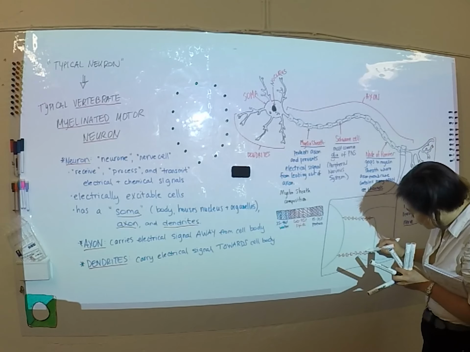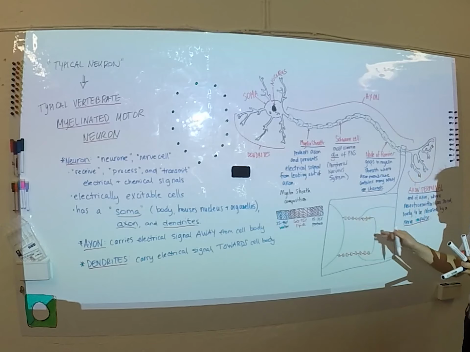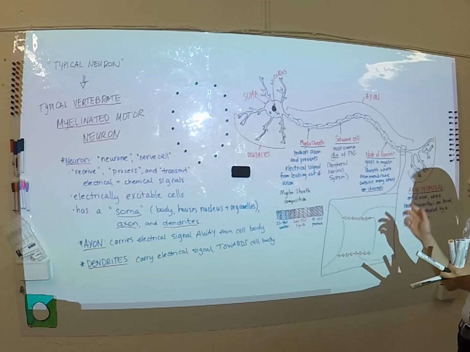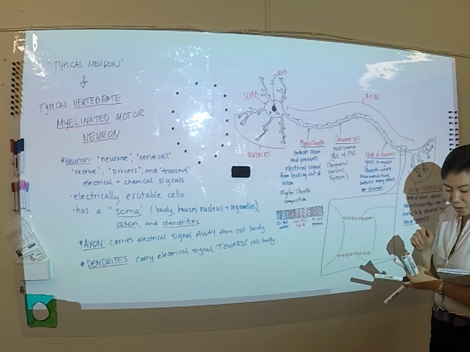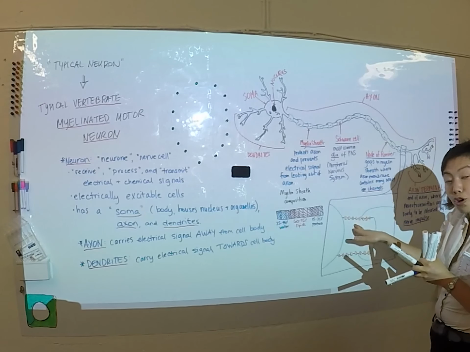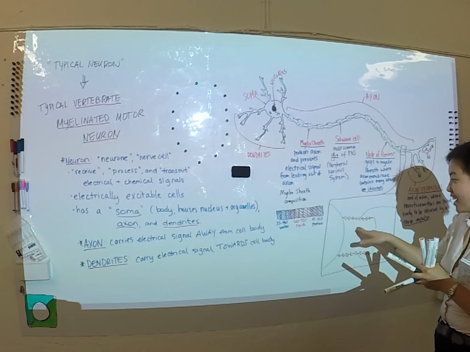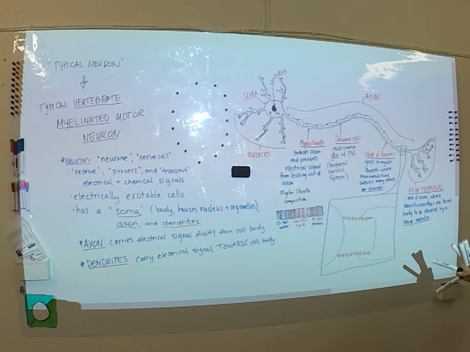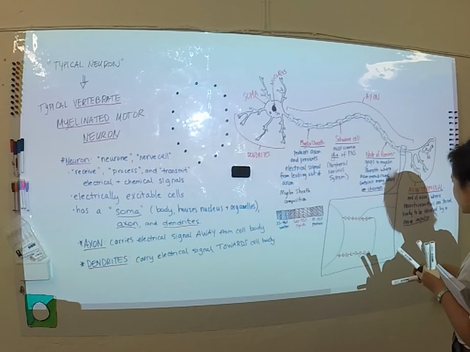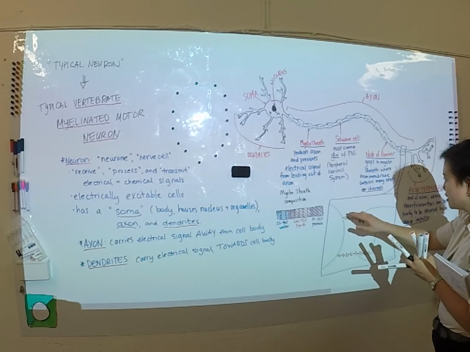And even though the way we drew them makes it look like there's only 2 proteins per ion channel, we are now going to zoom in on the ion channels. Let's see, where is the best place to do this? Let's just do it off to the side here.